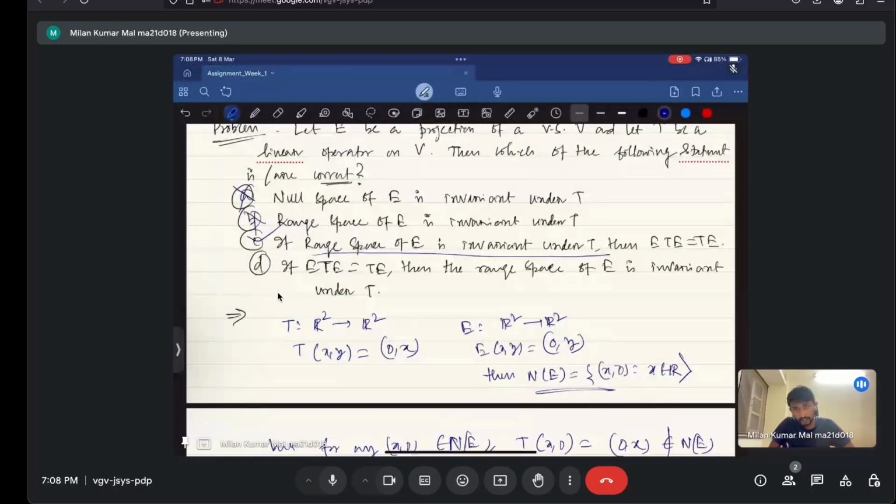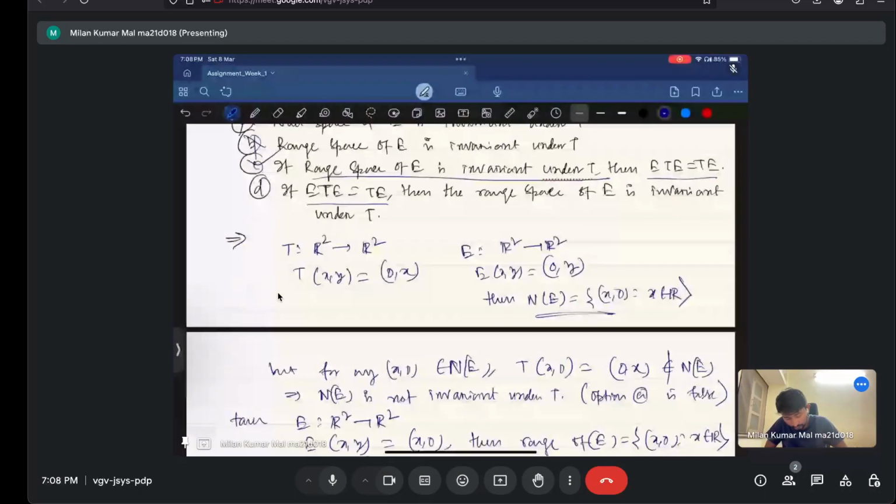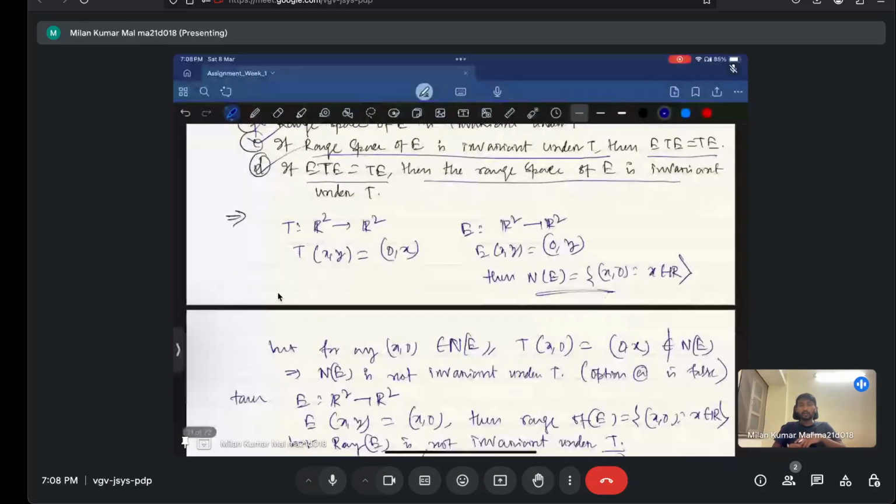Now we will show the last one. If ET equals TE, then the range space of E is invariant under T. This is also true. We will show that. Let ETE equal TE. This is very interesting, and this will be useful for inner product spaces as well, whenever one considers E as the orthogonal projection instead of just arbitrary projections.